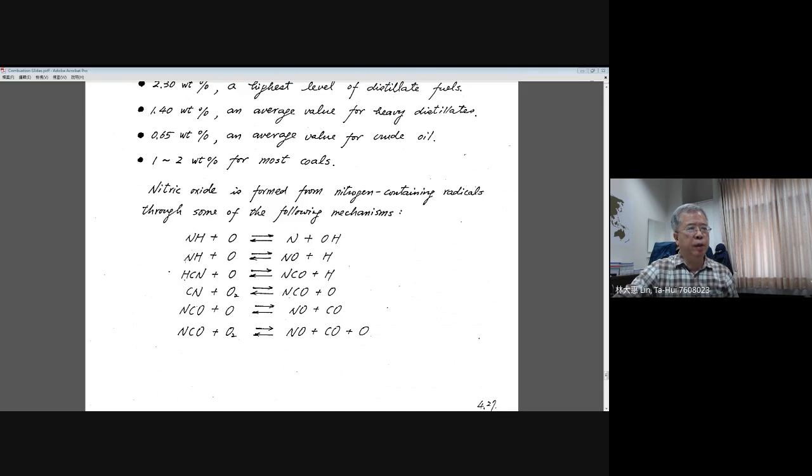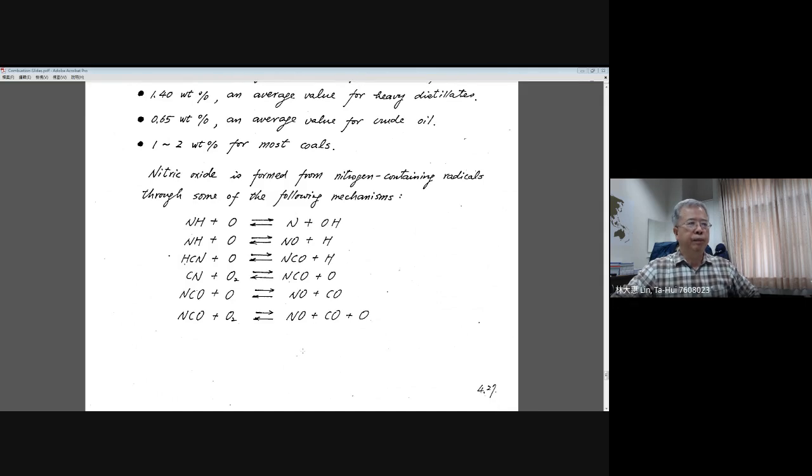But for the fuel NO, actually they come from the fuel itself directly. Okay, and HCN will react with oxygen through these chemical formulas. For example, HCN will react with an oxygen atom to produce NCO, and then NCO will again react with oxygen. Later on, they will produce the NO. By this possible chemical reaction, finally they will produce the NO. Okay.